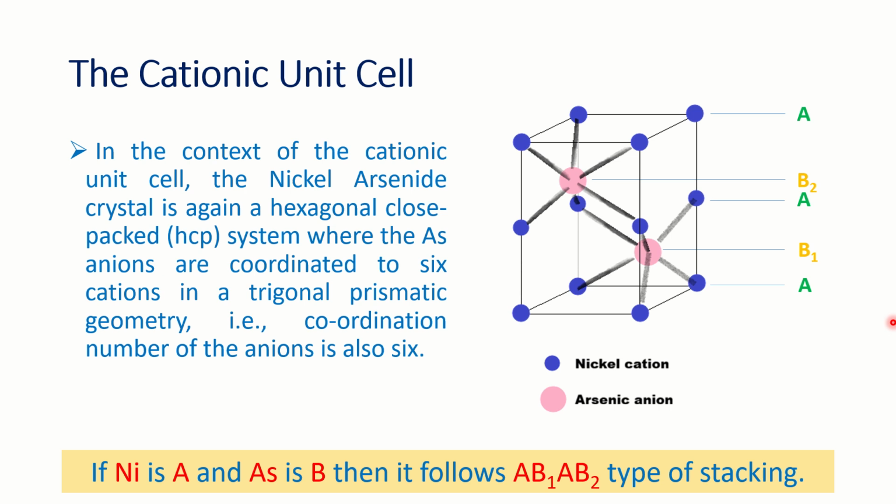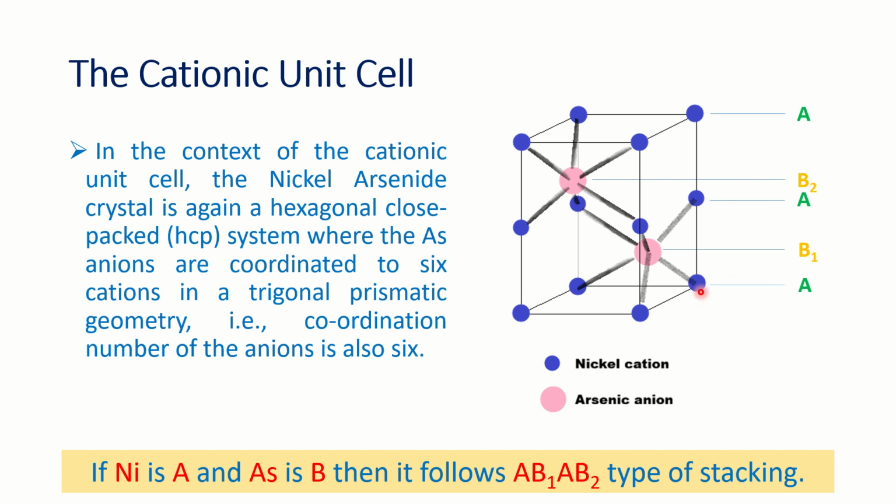Now, from the perspective of the cationic unit cell, the nickel arsenide crystal is again a hexagonal close packed, that is HCP system, where the arsenic anions are coordinated to 6 cations in a trigonal prismatic geometry, that is, the coordination number of the anions is also 6.